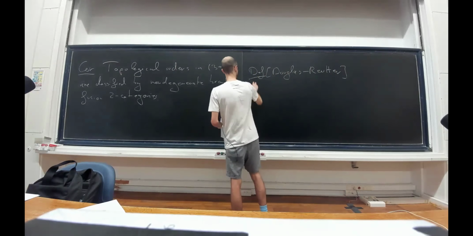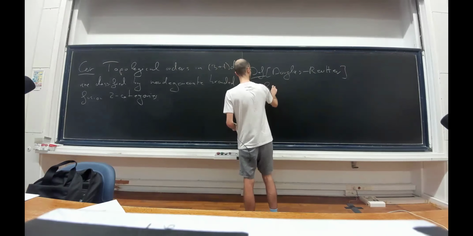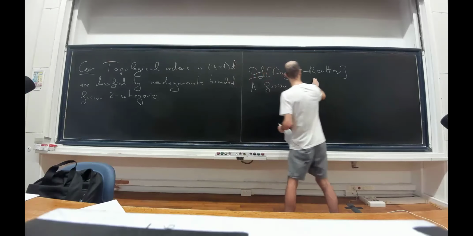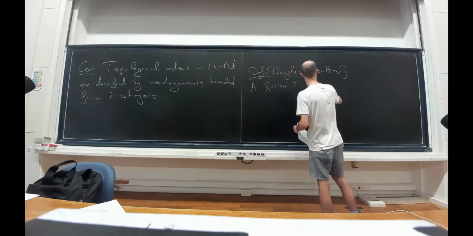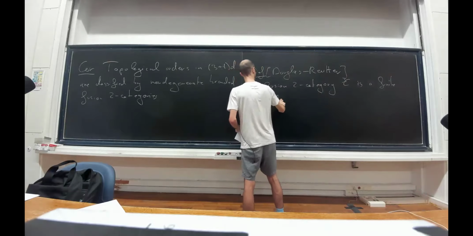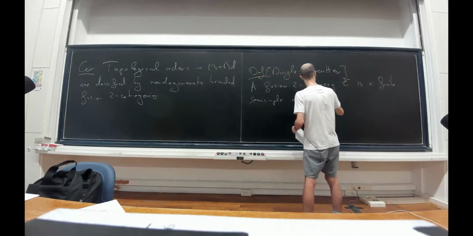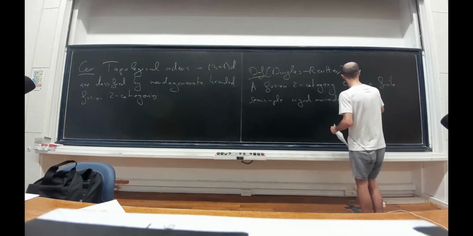So, a fusion 2 category C is a finite semisimple rigid monoidal 2 category with simple units.